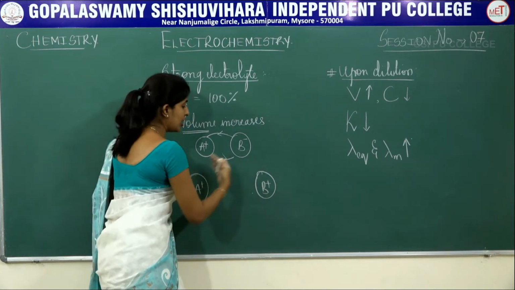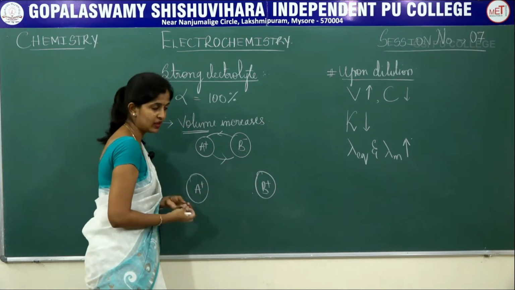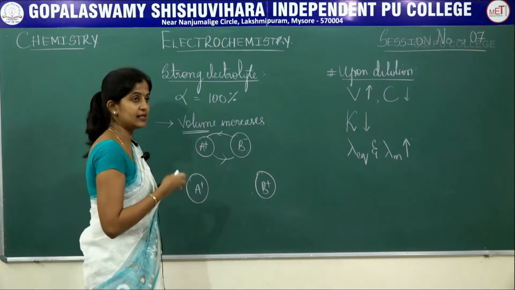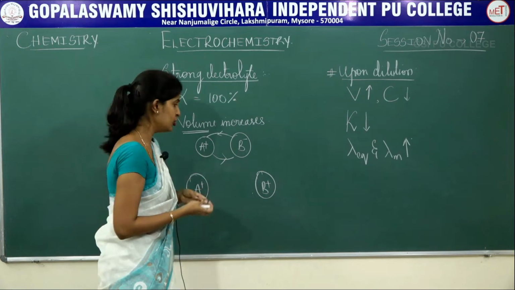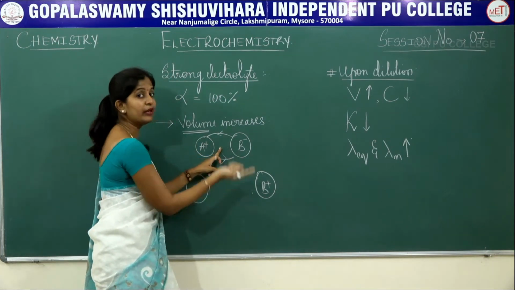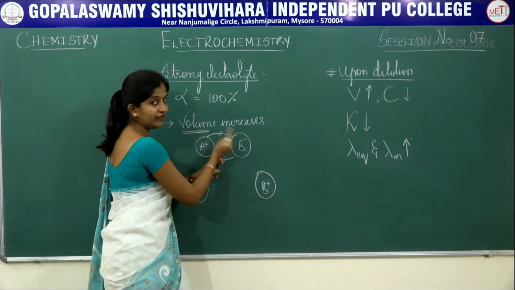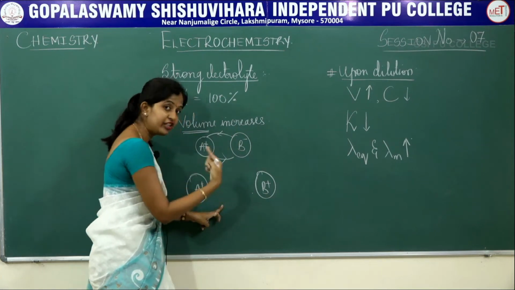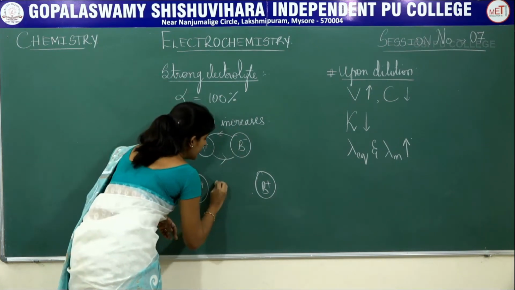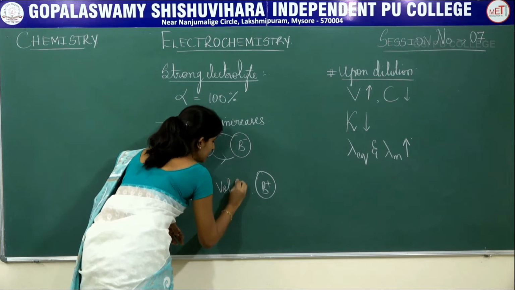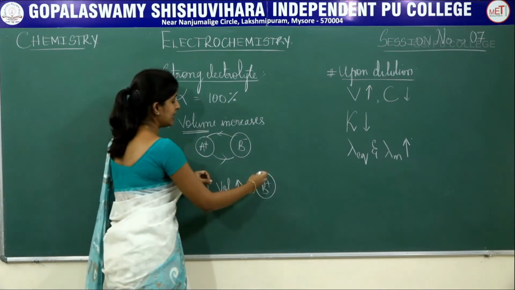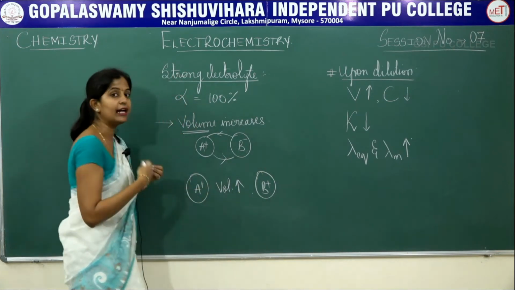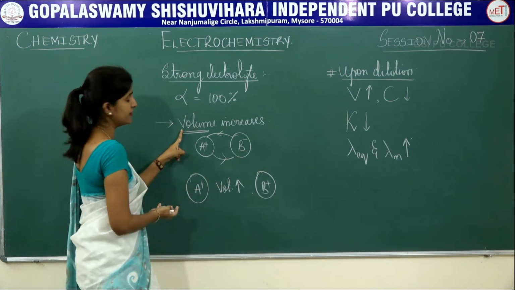This frees your ions to move easily, and easy movement of ions enhances the conductance. So before dilution, you have some interaction between the ions. After dilution, wherein the volume is increased, there is no force of attraction between the ions. As a result, they are free to move. Hence, the conductance increases. So that's your first thing.